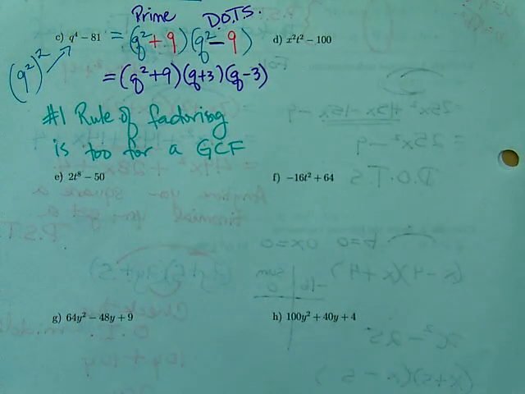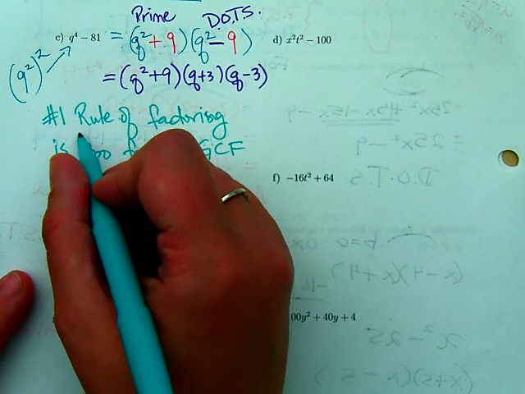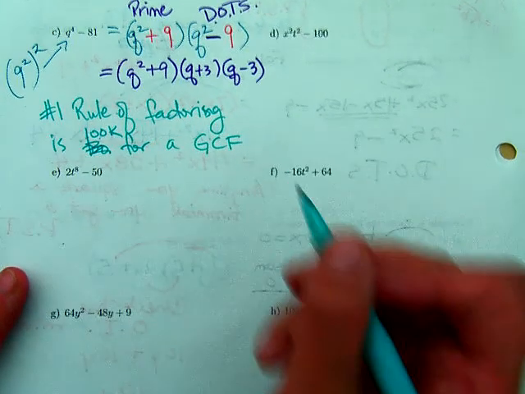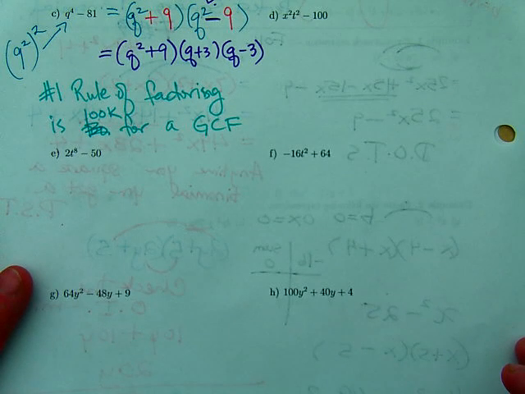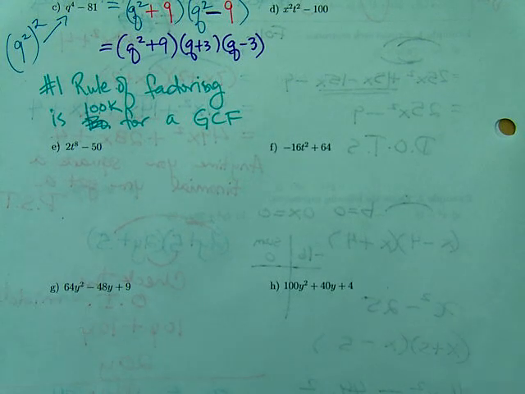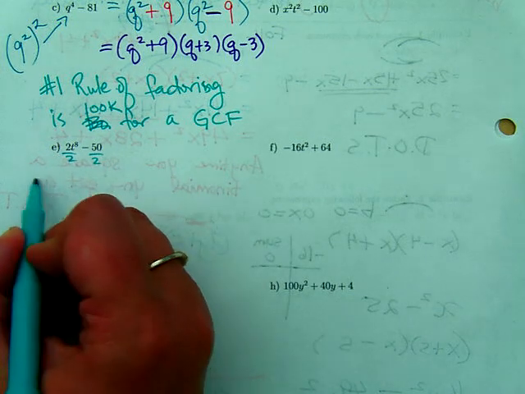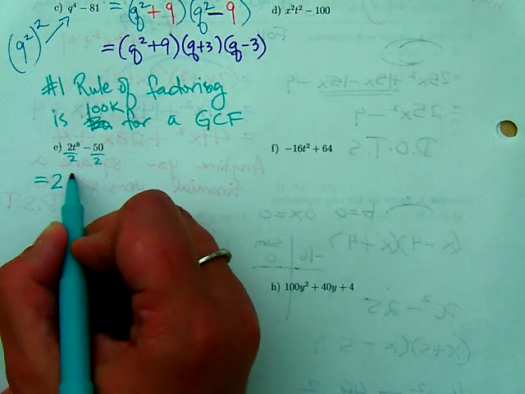Sorry about that, typo. Look for a GCF. If you find one, factor it out. Do you see a GCF? Both are even, so they're both divisible by 2. So we're going to divide by 2, factoring out the GCF.